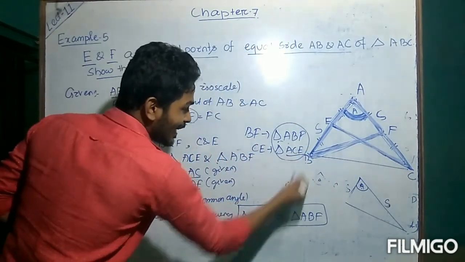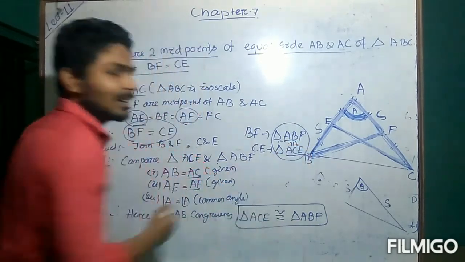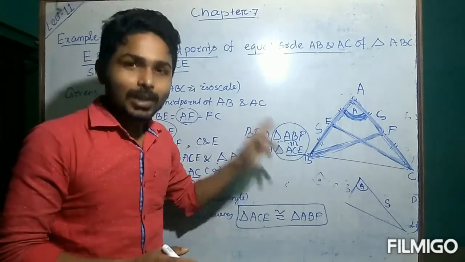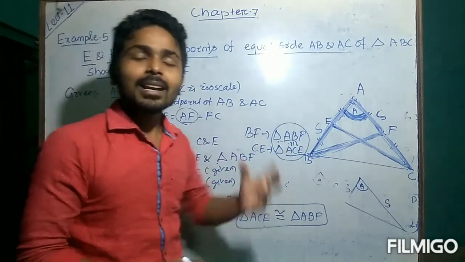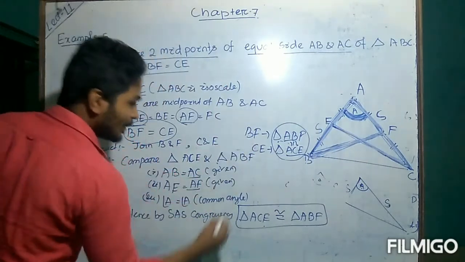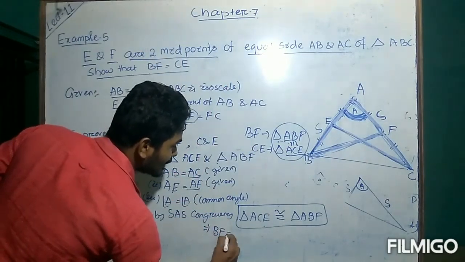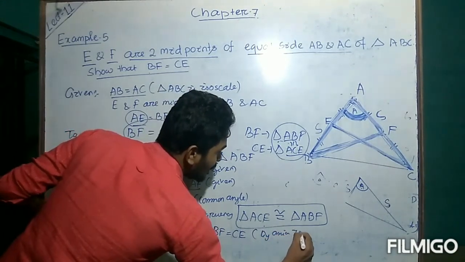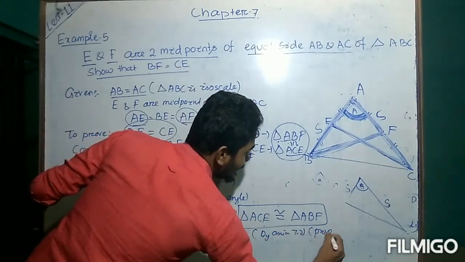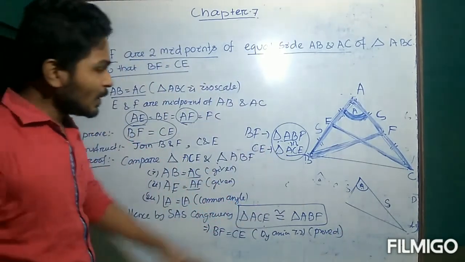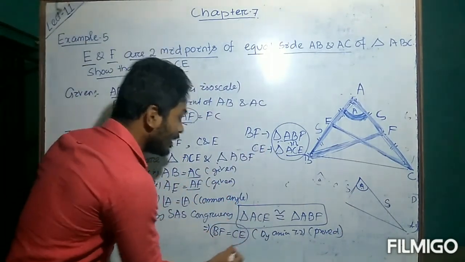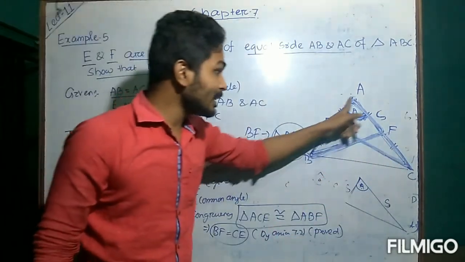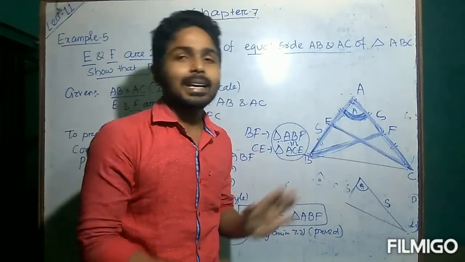We have proved that this triangle is congruent to this triangle. And according to axiom 7.2, if any two triangles are congruent, then their corresponding sides are equal and their corresponding angles are equal. So you can write BF is equal to CE by axiom 7.2. Hence, it is proved. Okay, we have proved that BF is equal to CE after proving that this small triangle is congruent to this small triangle.